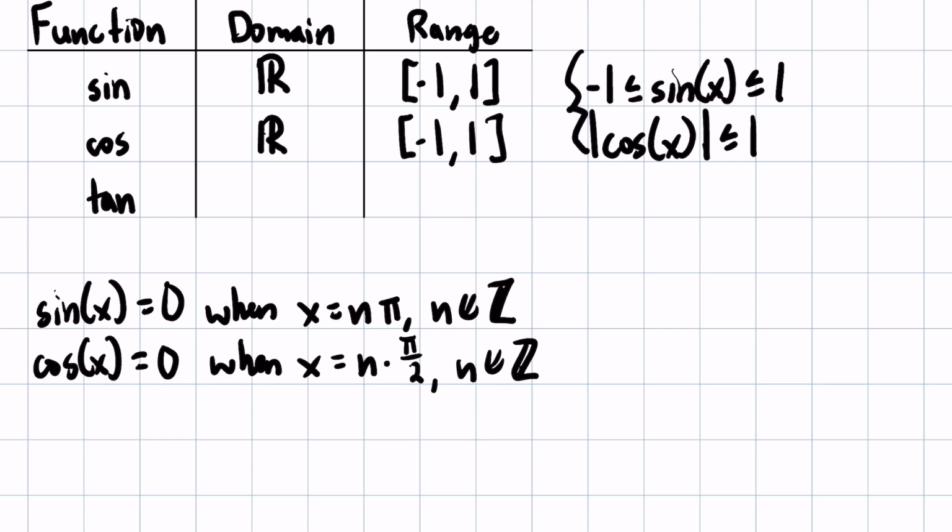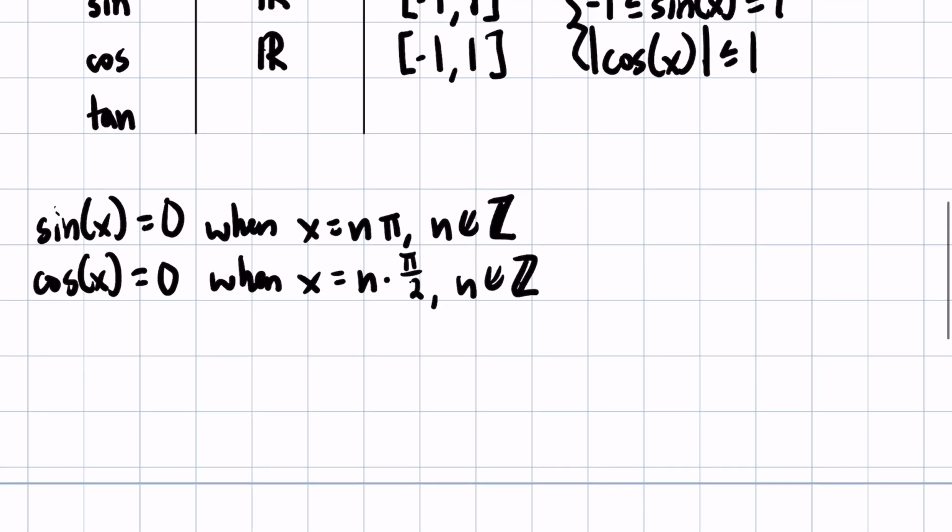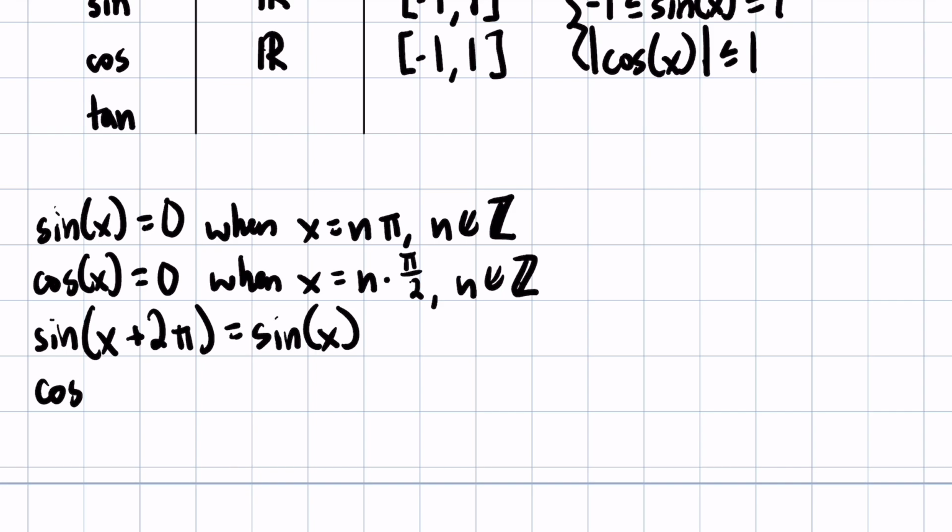All right. Sine and cosine are both periodic functions, and they both have a period of 2 pi. And so what that's going to mean is that sine of x plus 2 pi equals sine of x, and then cosine of x plus 2 pi equals cosine of x.